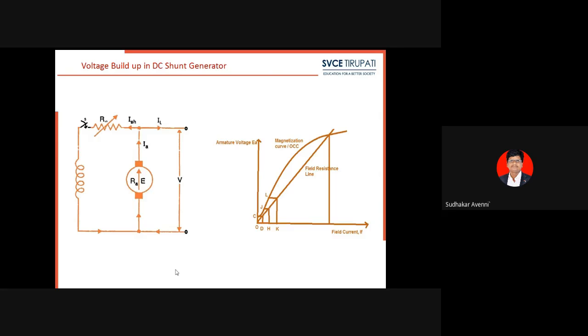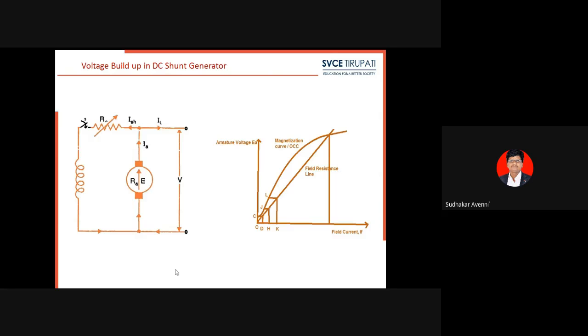Suppose the field poles do not possess residual magnetism, what can we do? Here, there is no buildup of voltage. Again, the residual magnetism is re-established.